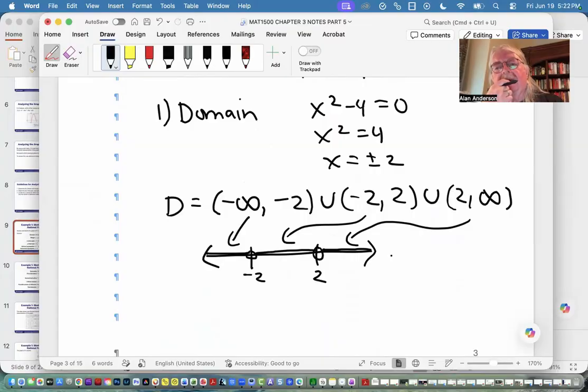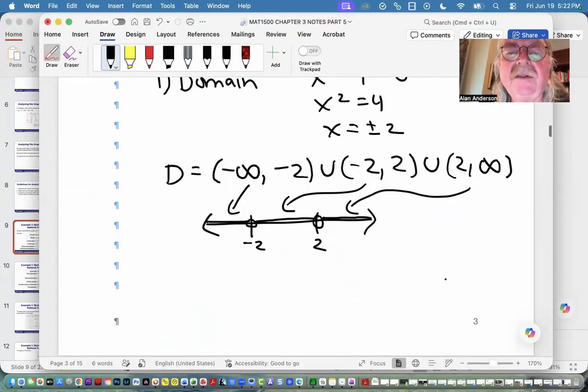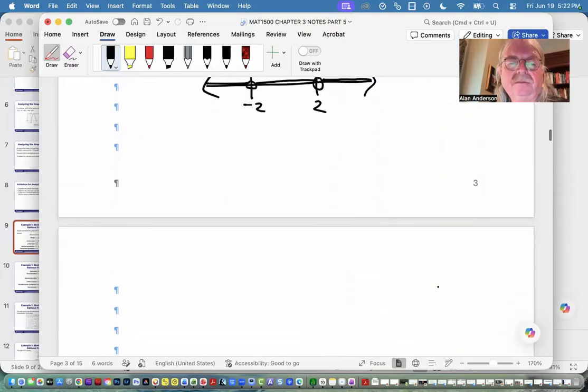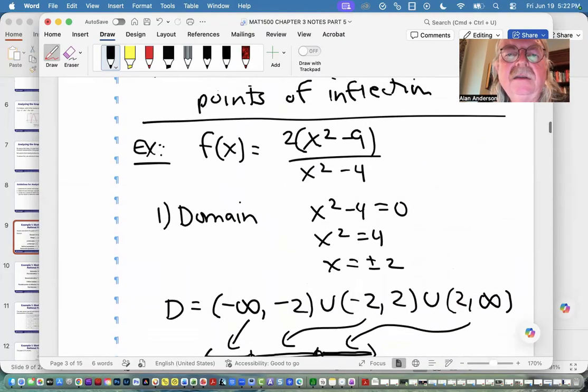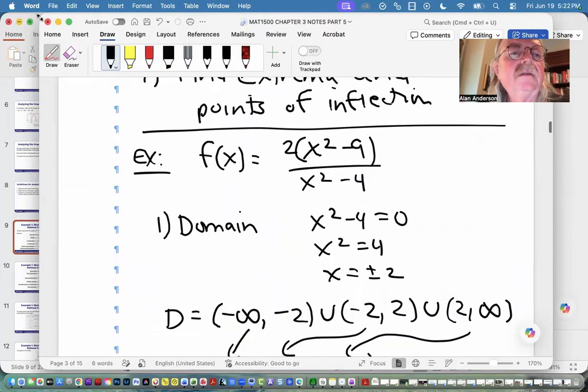So yesterday we went through a list of rules for finding horizontal asymptotes. And so I guess we could go revisit that.